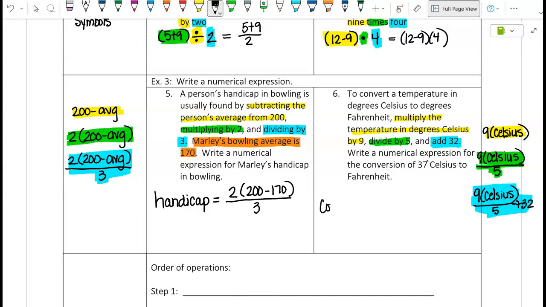So the conversion equals 9 parentheses 37 divided by 5 plus 32. Again, they did not ask me to simplify that, so I don't have to do anything more with that. I've simply written the expression that we would be able to use to convert Celsius to Fahrenheit.